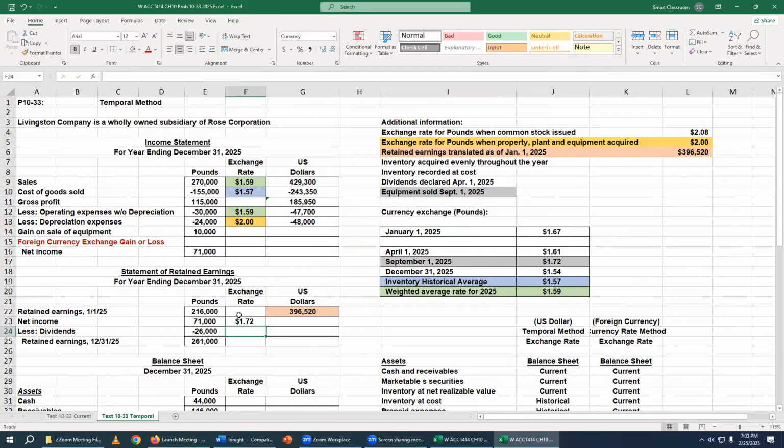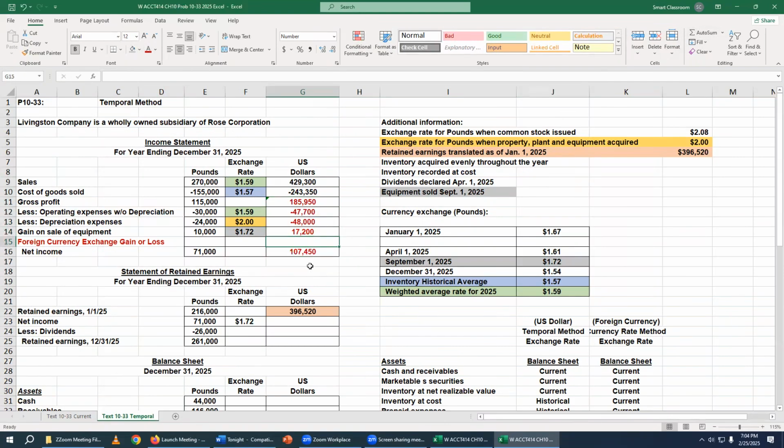I did that wrong. Where am I at here? Let's try that again. Okay, and we'll come up with a preliminary income.